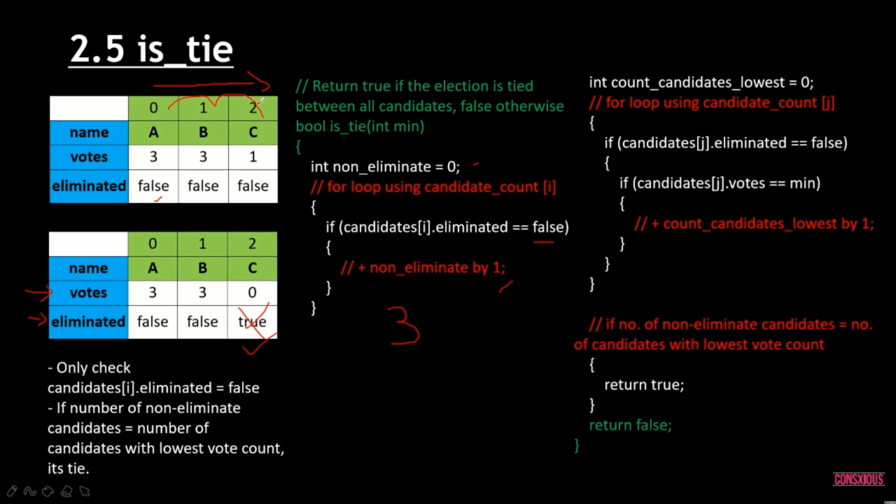If they are false here, and if the candidate's vote is equal to the minimum, you can see this only has 1, so we add 1. So for this example, this is 3 and this is 1. So if the number of non-eliminated candidates equals the number of candidates with the lowest vote count, return true, else return false. You can see 3 is not equal to 1, which means it's false for this example.